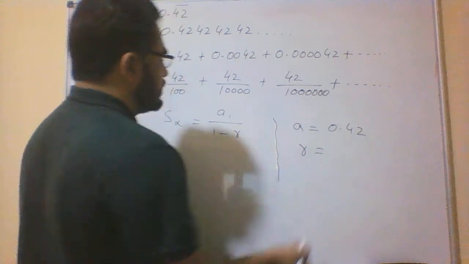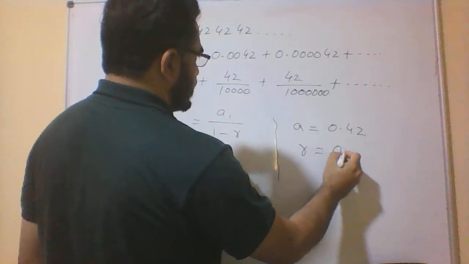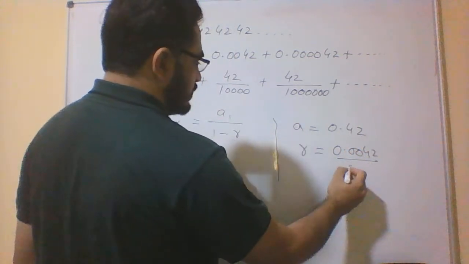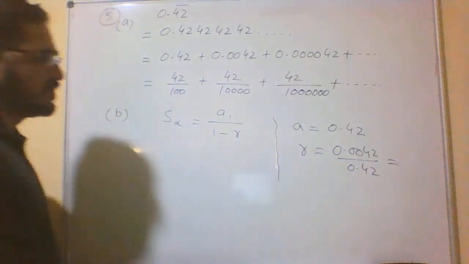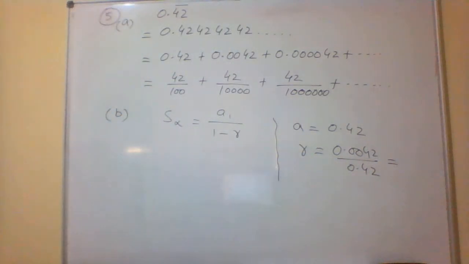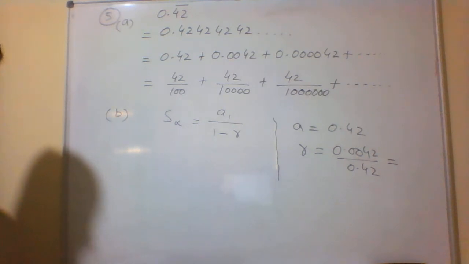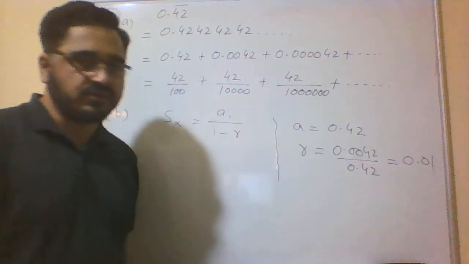And what will be r? Second term divided by first term. The second term here is 0.0042 divided by the first term, 0.42. When we divide 0.0042 by 0.42, the answer will be 0.01.